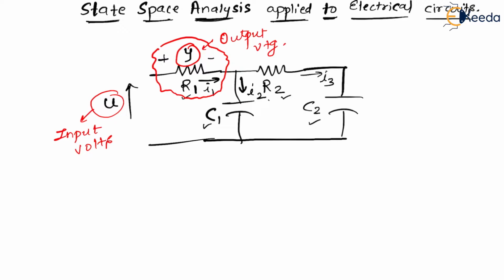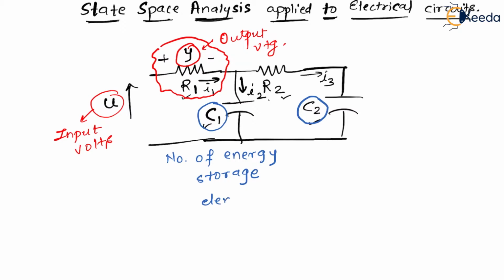See here, this is capacitor C1 and this is capacitor C2. We know that capacitors are energy storage elements. And from the previous discussions we have seen that the number of energy storage elements is equal to the number of states, or the number of state variables.